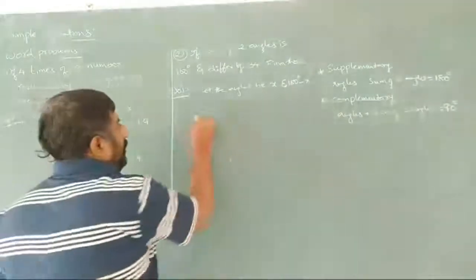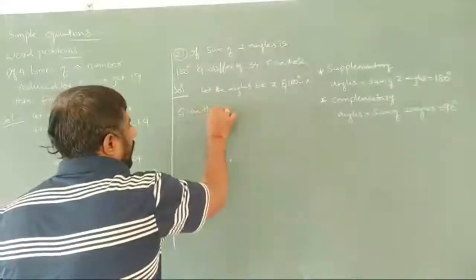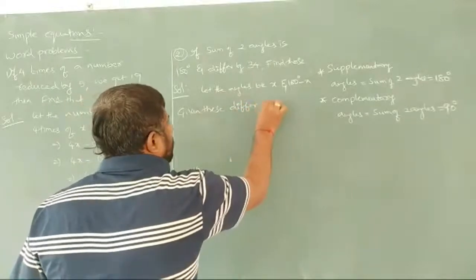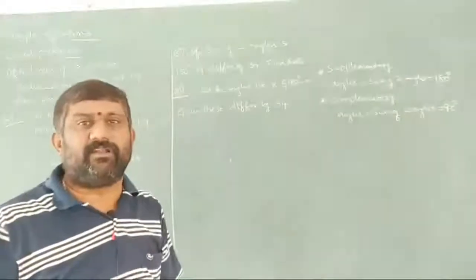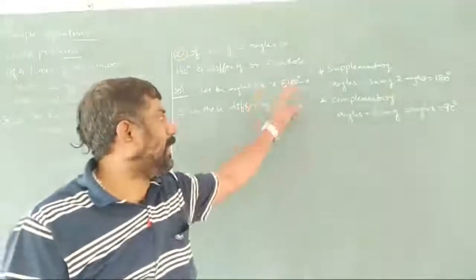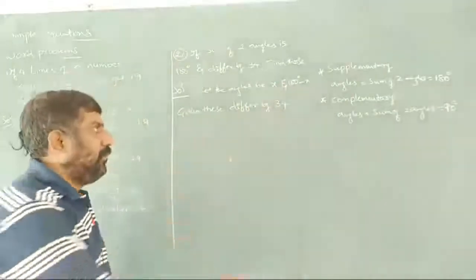How are you going to take here? Given these differ by 34. What is differ? Differ is nothing but difference. Difference between these two angles is 34. Now we have to find those two angles. So already we know the angles, one is x, second one is 180 minus x.